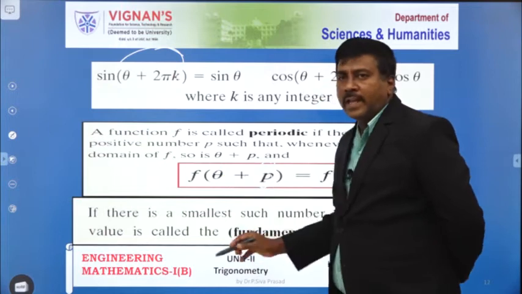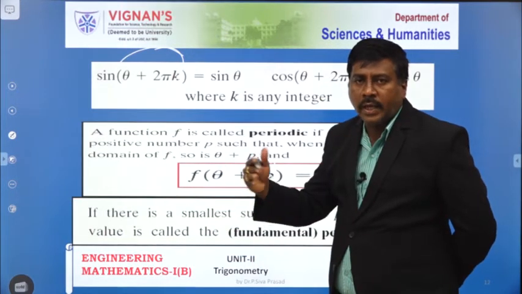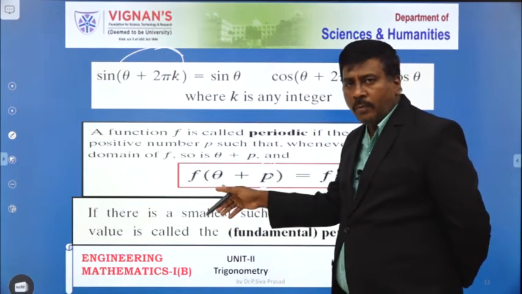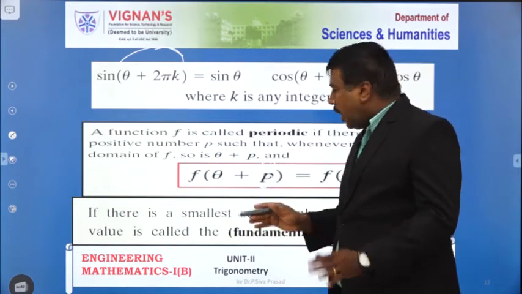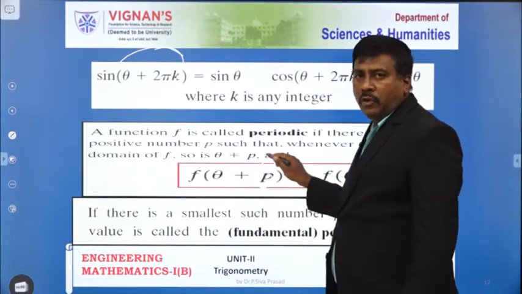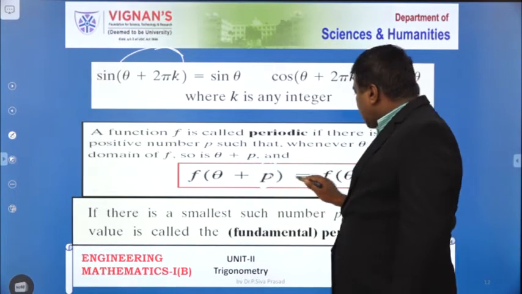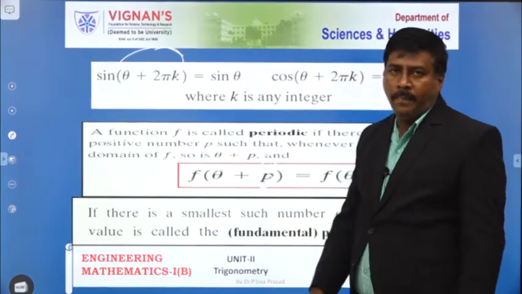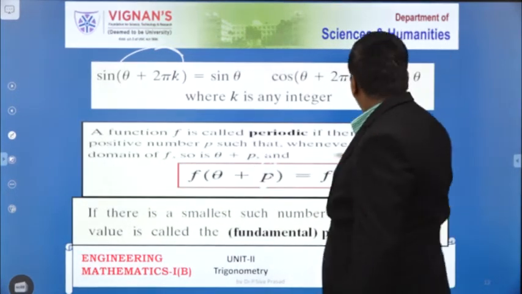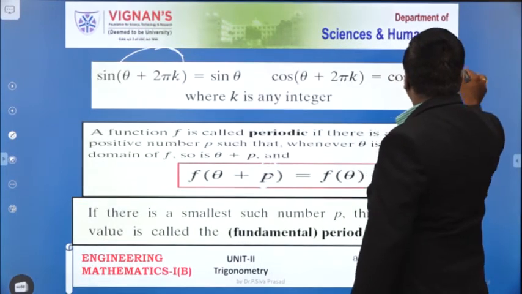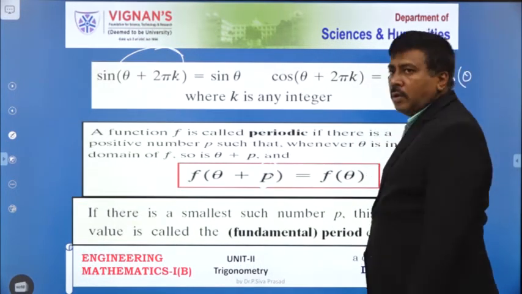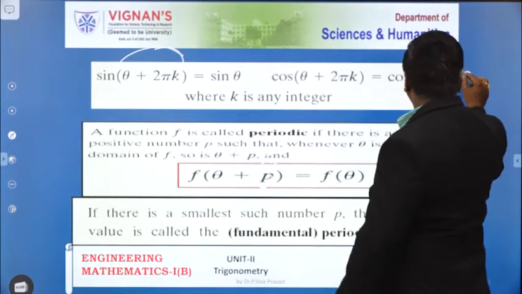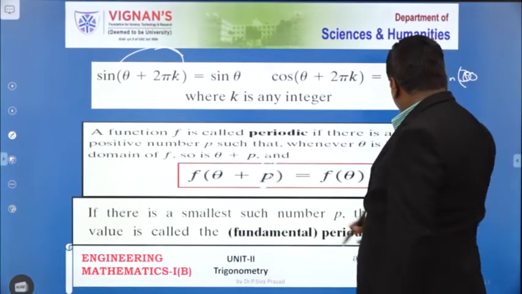We have to assume that this is either sine, cos, tan, cosecant, secant, cot. Likewise, for the trigonometric function, I add some value, that is p, so we will get the same value f of theta. In place of this, I assume this is sine of theta. So for this, or sine of 30 degrees.